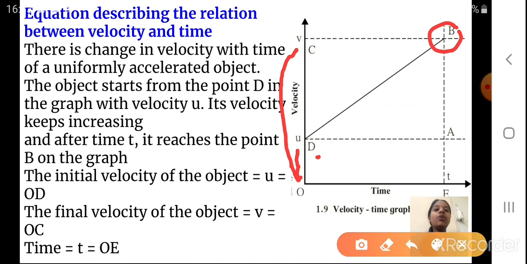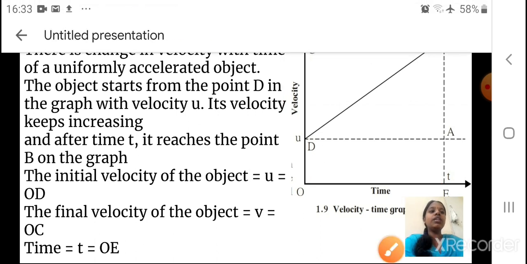Then time we are going to take as t. On the x-axis we have plotted our time, so O to this point E, you are going to write it as t. I'll just show you E.